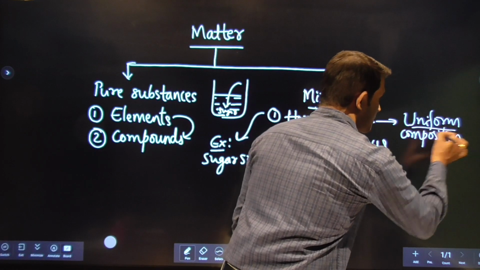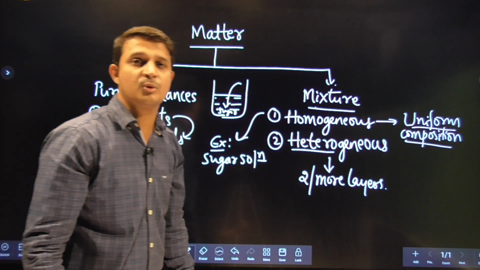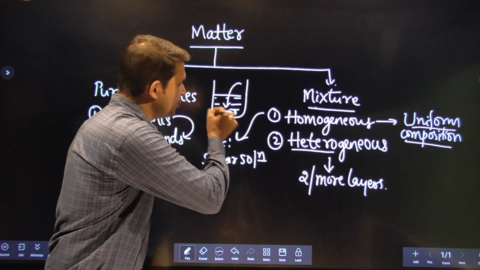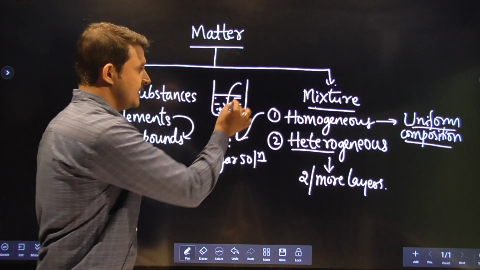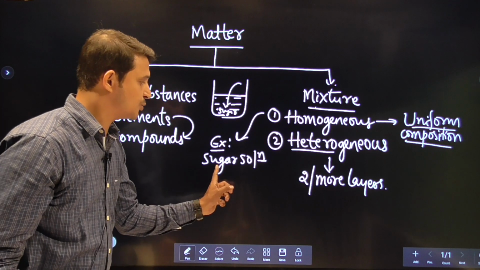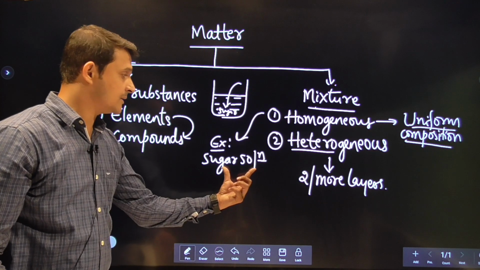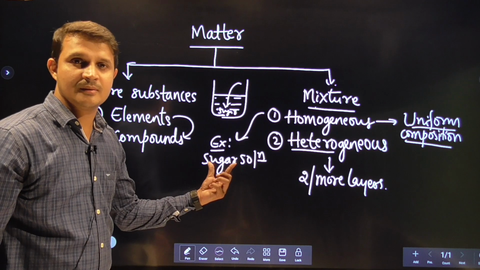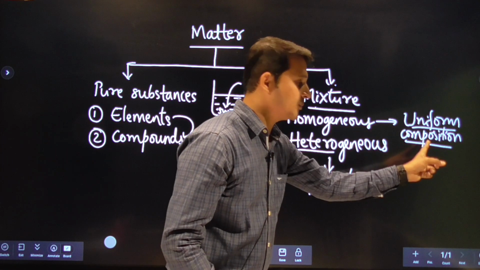The composition is uniform throughout the beaker, giving rise to sugar solution. Hence, we call it uniform composition.